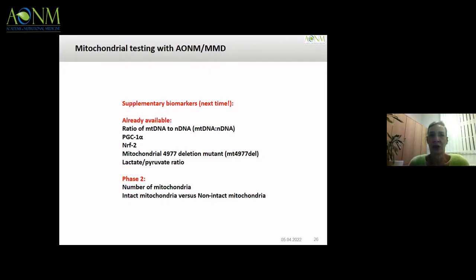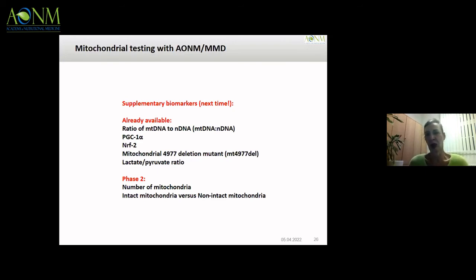And therefore, we also developed supplementary biomarkers. As mentioned before, it's the ratio, or the number of mitochondria, because it's a very important parameter to see whether your maximum oxygen consumption rate belongs to a very high number of mitochondria or a very low number of mitochondria.